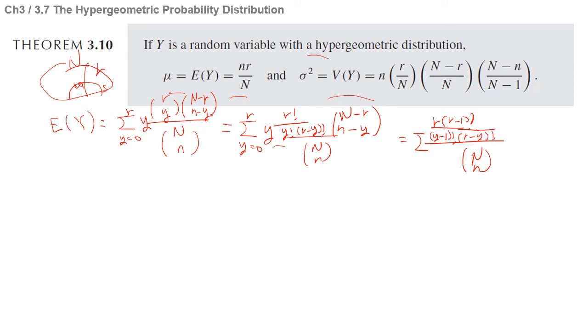So we can move this r to outside, and N minus r choose n minus y.